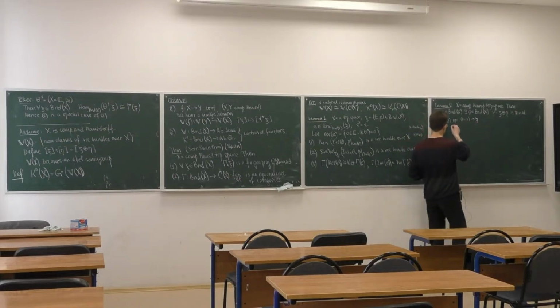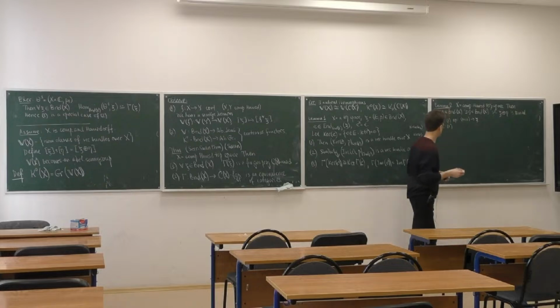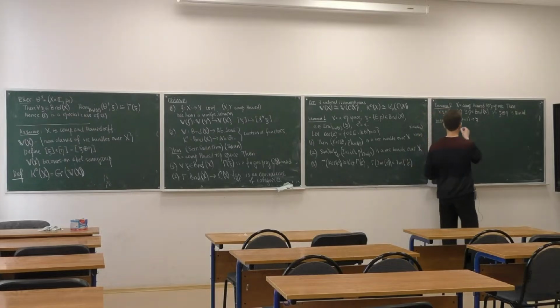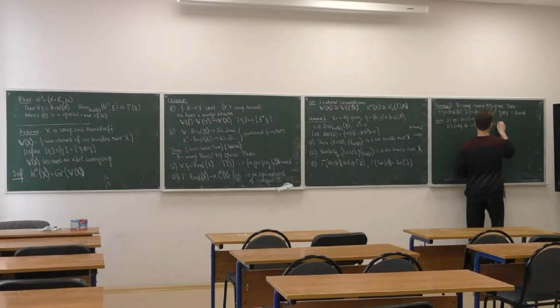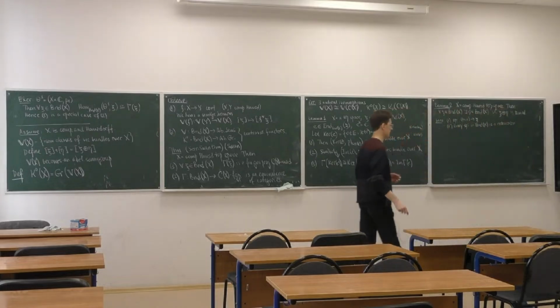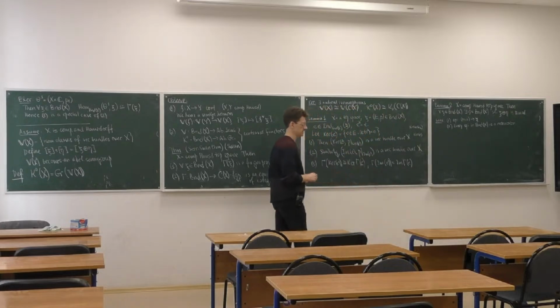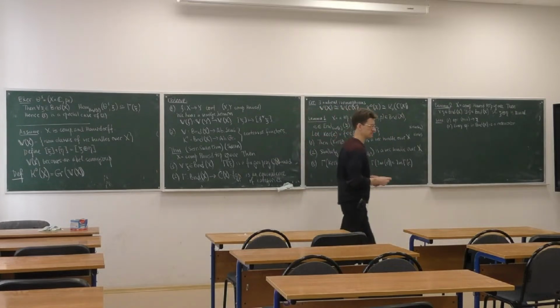And the second step is actually a separate lemma, which says that every epimorphism in the category of vector bundles is in fact a retraction. Or equivalently, every short exact sequence in this category splits.